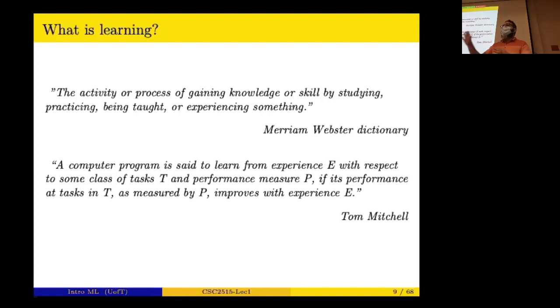So we have experience, task, and performance measure. We say this is the task, this is how we measure you, and this is the data. If we give you more data for solving this task, your performance according to this measure should increase. This is another way to think about learning.